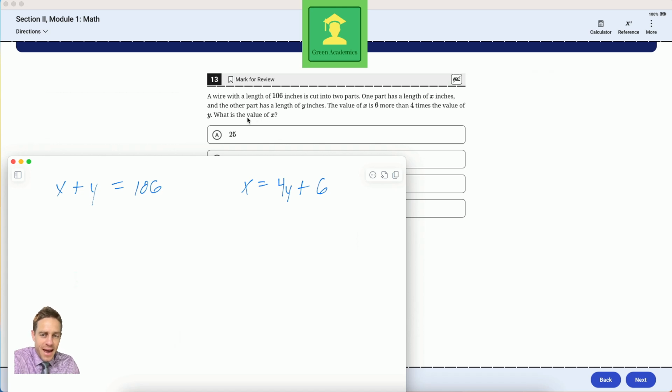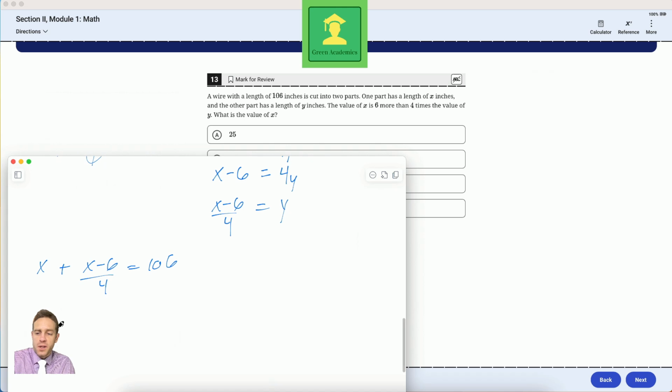So it asks you about x, which means you probably want to solve for y in terms of x. So then if I say that this is this, then y by itself is x minus 6 over 4. And then you put that back in here. So x plus x minus 6 over 4 equals 106.